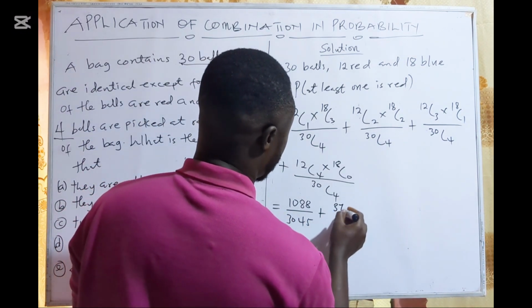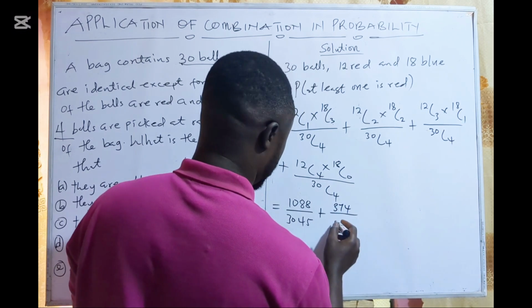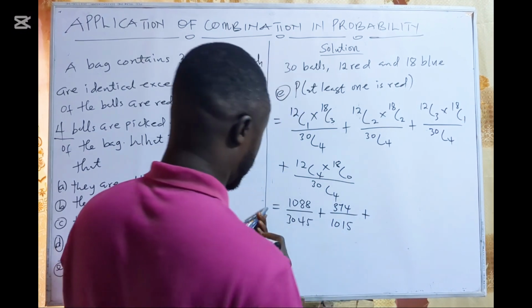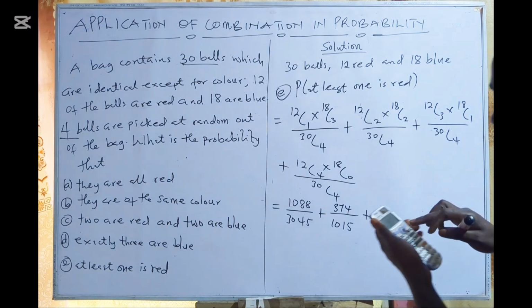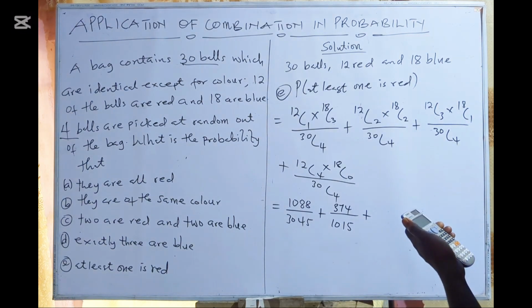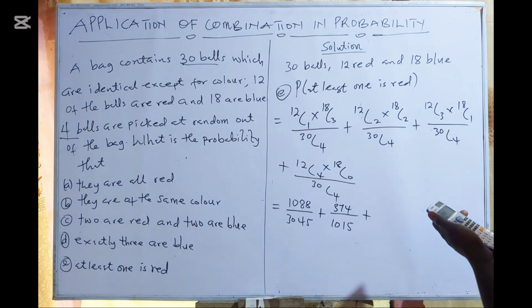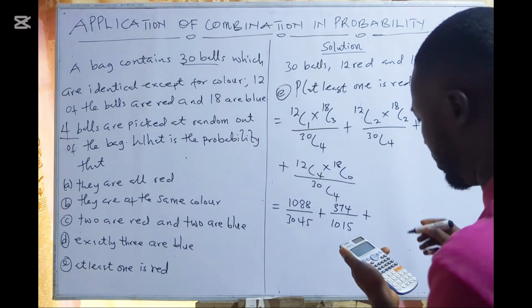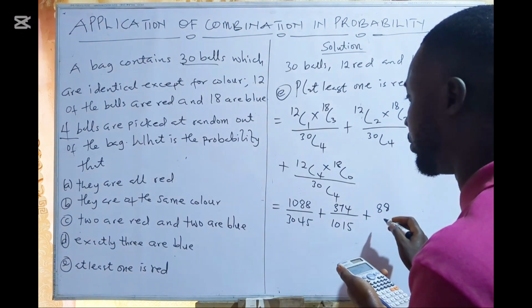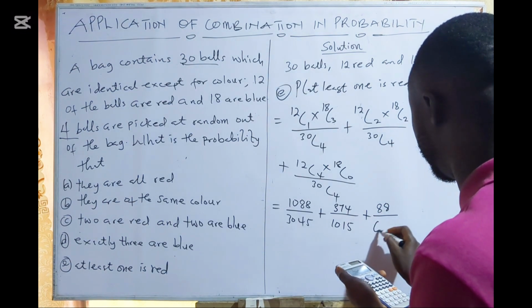That will be 374 over 1015, plus 12 combination 3 by 18 combination 1, all over 30 combination 4. That is 88 over 609.